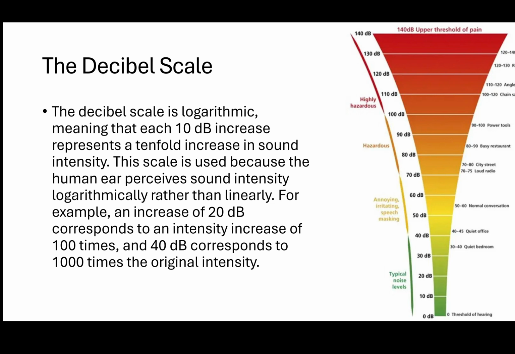So you can't really hear anything below 0 decibels. Typical noises are between 0 decibels and around 40 decibels, like a quiet bedroom or quiet office. From 40 to around 70 decibels, that's normal conversation.